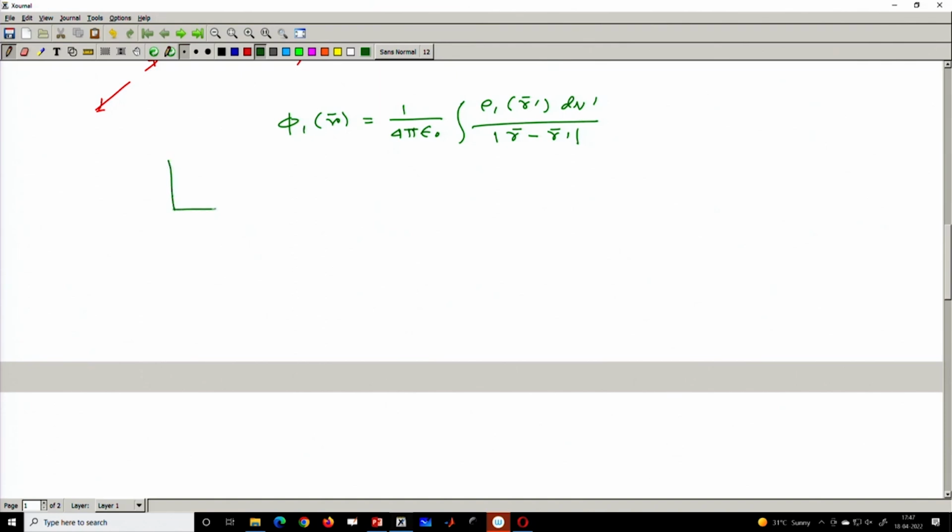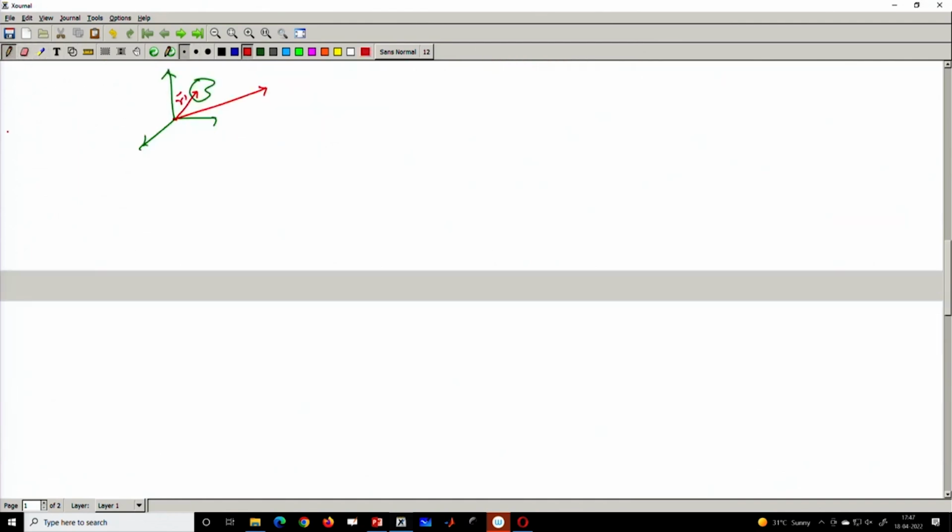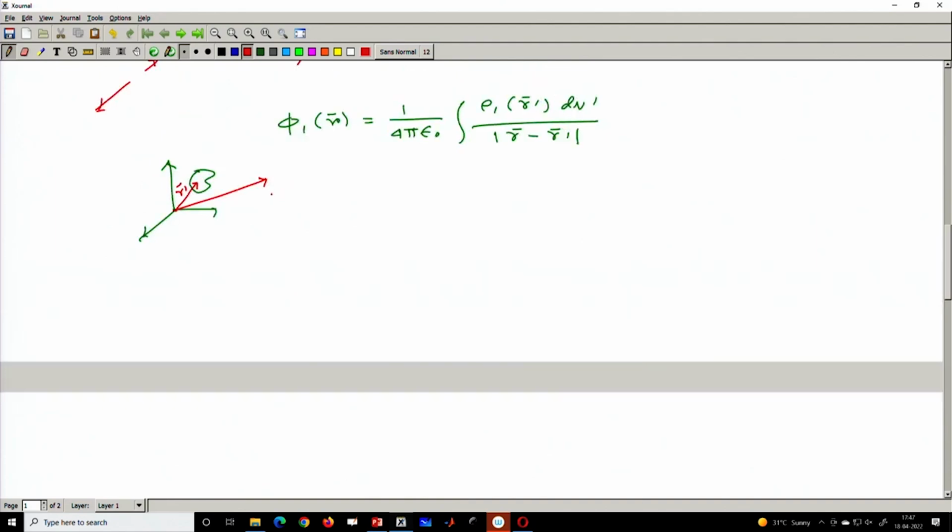So, I have a charge distribution here, which is at r prime point, and if I want to find out the potential at r, sorry, it should be small r, the potential should simply come out in this form.